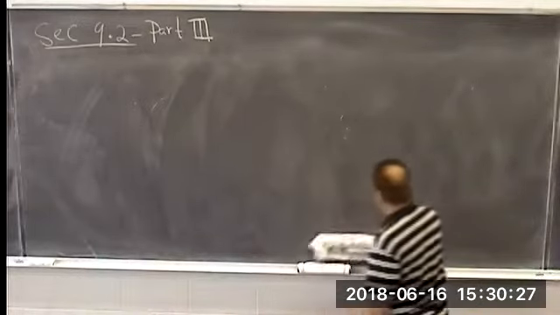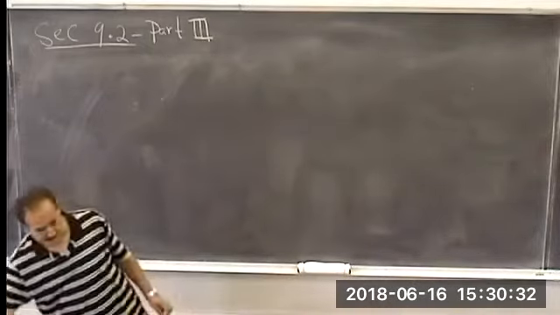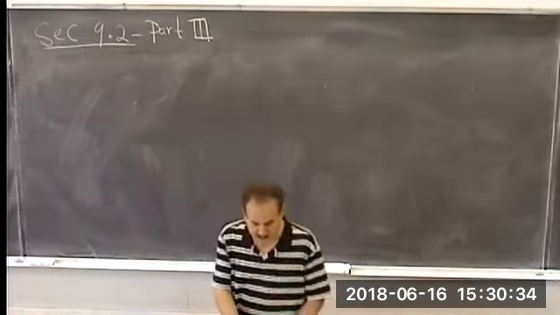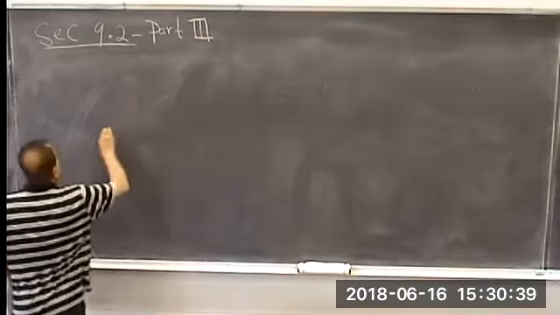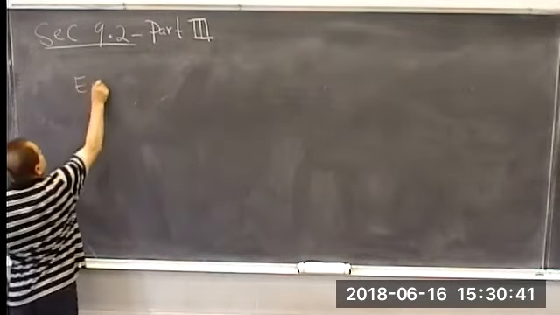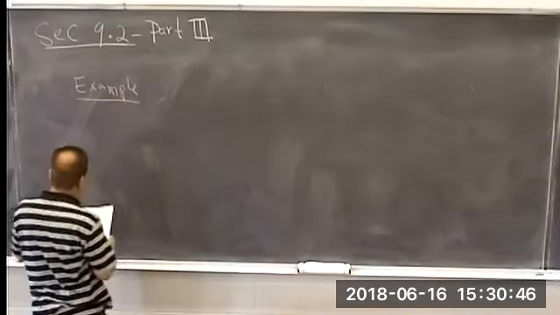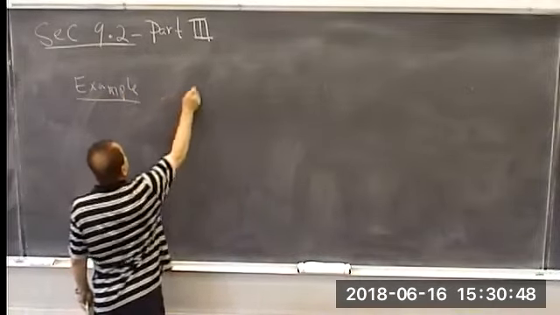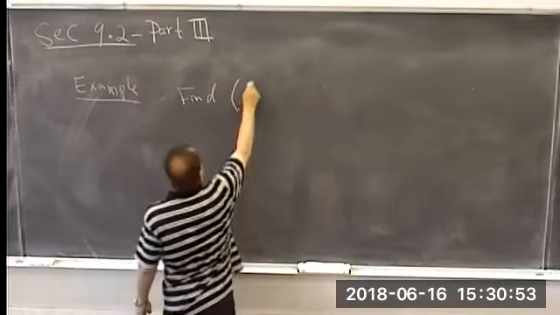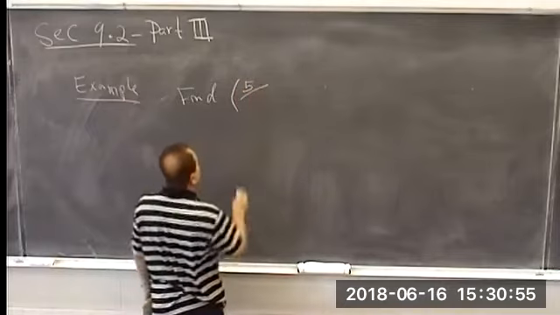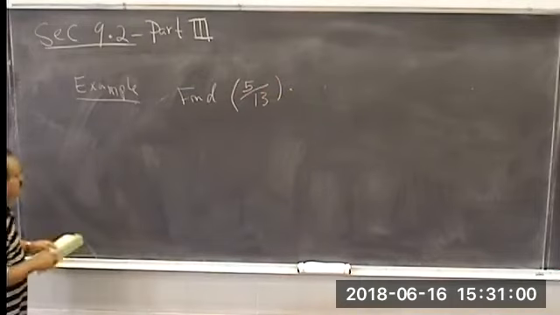Now let's see how easy it actually is to do calculations with this by looking at an example. All right, so let's look at an example. Let's calculate, or find, the quadratic character of 5 mod 13.